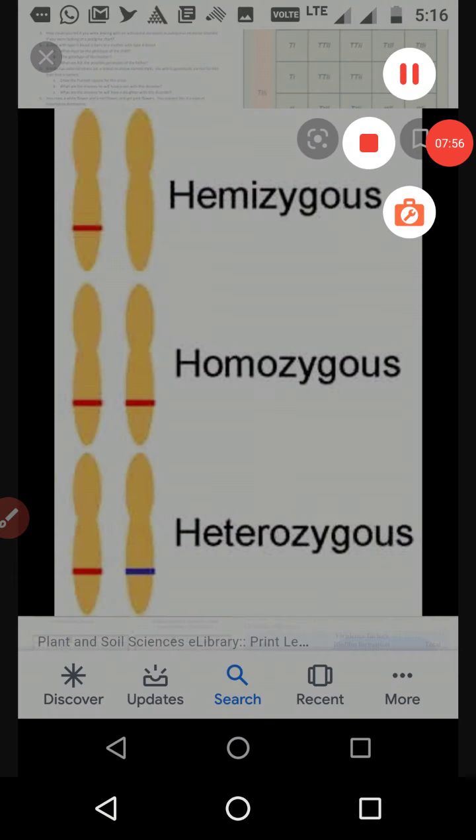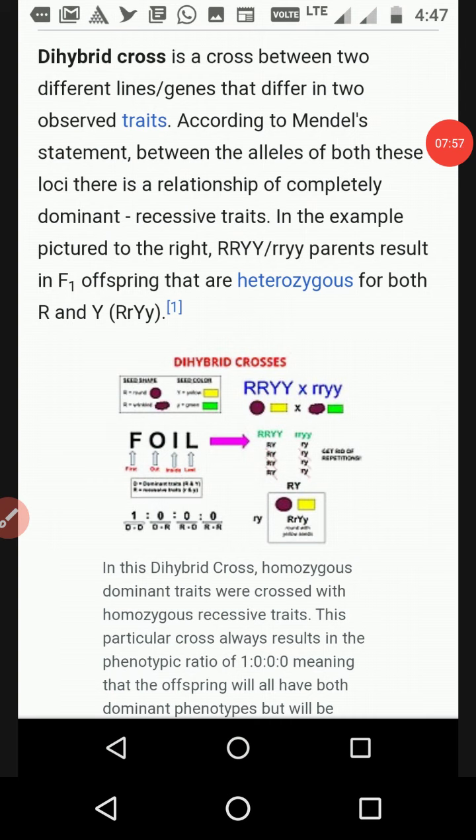Clear? Now here in the dihybrid cross, Mendel shows two different characters in each allele or each factor. So what will be the result and what is called the dihybrid cross?